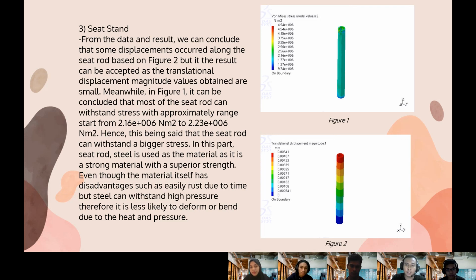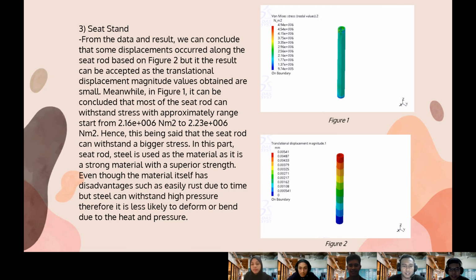If we look at the road, we can see that no deformation occurred. But if we look at figure 2, there is some displacement along the road. But if we look at the value obtained, it is a small value of displacement, and we can neglect it as we cannot see it with our eyes.